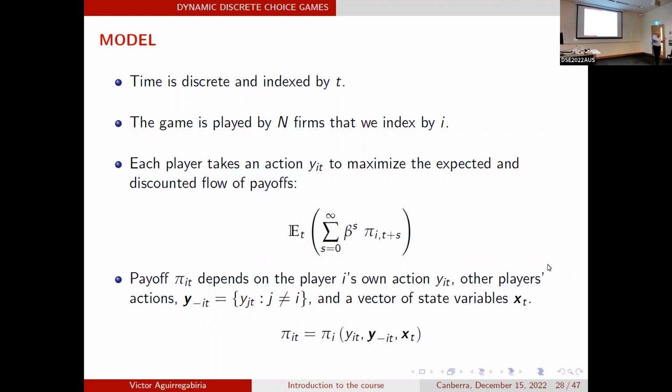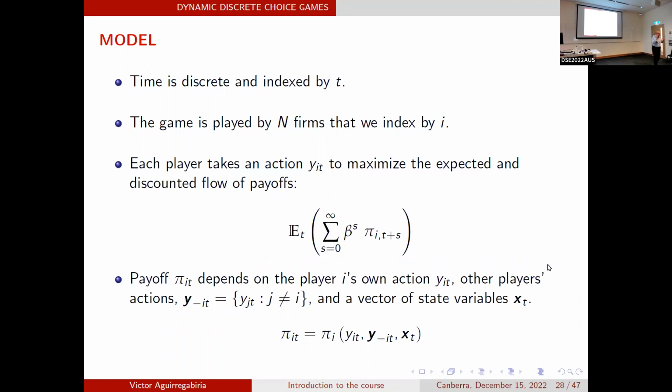But they are known to the own agent, but not to the others, okay? Then that means that from the point of view of a competitor or other player in the game, all they know is the probability that you are going to take a particular action, but they don't know exactly the action that you are going to take because they don't know your private information, okay?